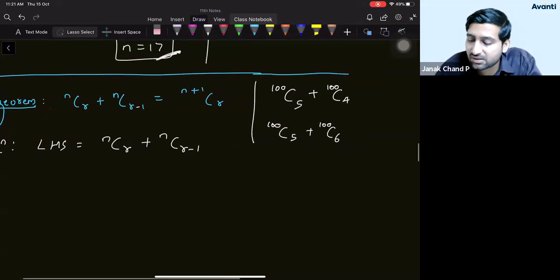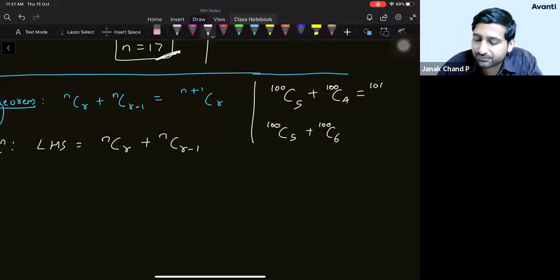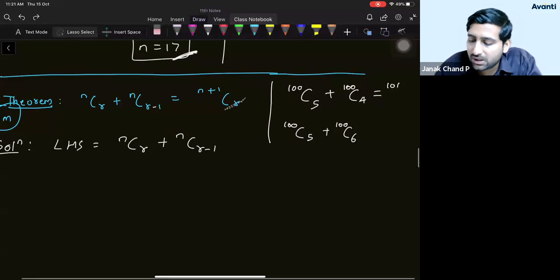And what is the answer of this addition, student? The upper value increases by 1, as you can see here. And then the lower value will be nothing but the greater of these two. Out of these two, whichever is bigger, you should put that there.